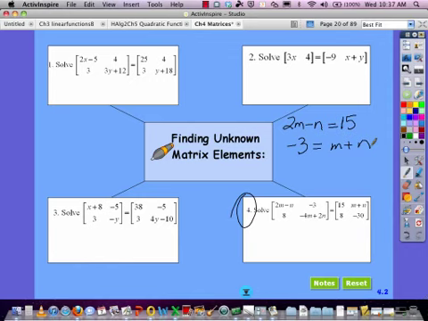And then negative 4m plus 2n has to equal negative 30. Okay. Now, obviously, there's several things you can do. You could do trial and error, I guess is what I wanted to say. You could try to make them equivalent.